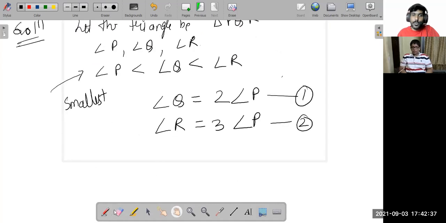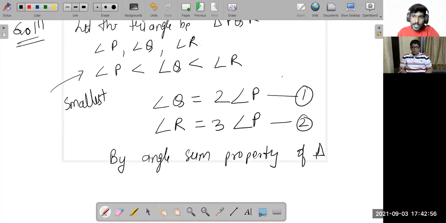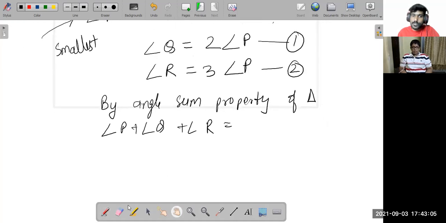Okay. Now, what property do you use here? Angle sum property of triangle. So by angle sum property, we have angle P plus angle Q plus angle R equal to how much? 180 degrees.